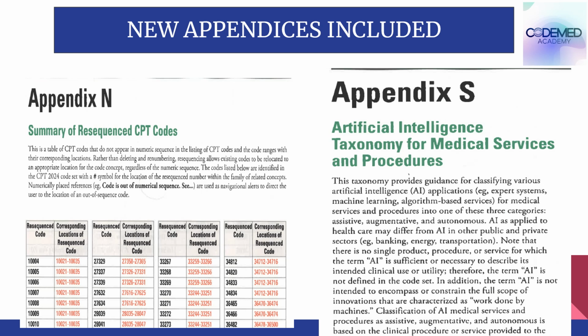Artificial intelligence is a fairly new field, and its incorporation in medical services has also evolved over time. So whenever there is a new technology, whenever there is a new addition into the field of medicine, that can be introduced to the CPT in the form of an appendix and later on in the form of codes.